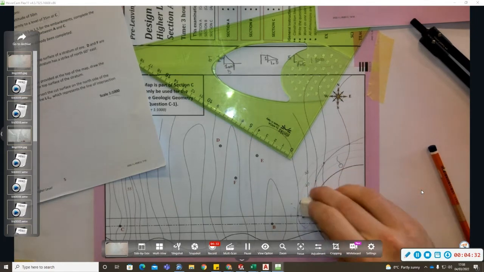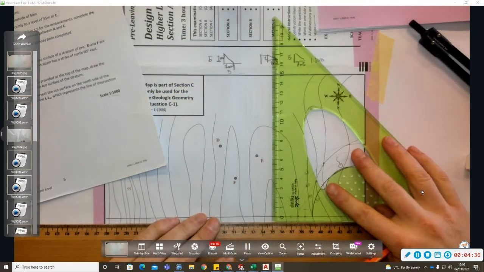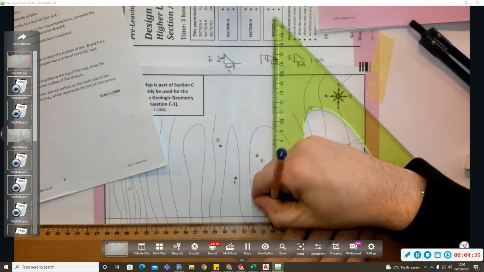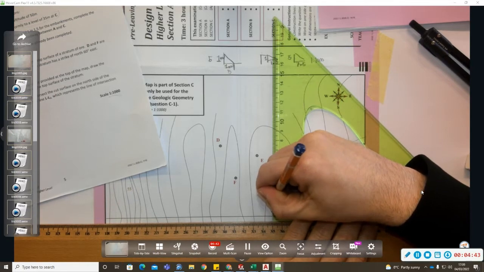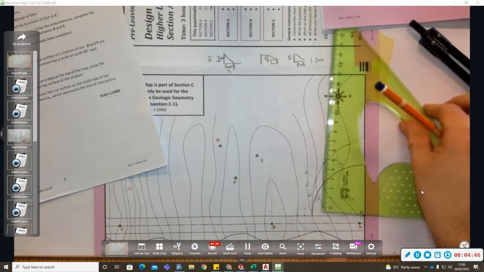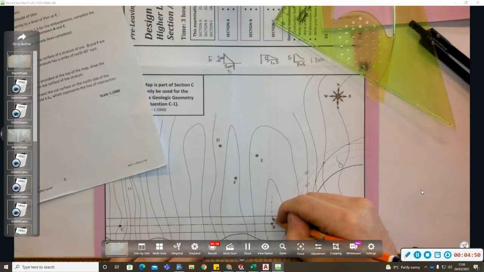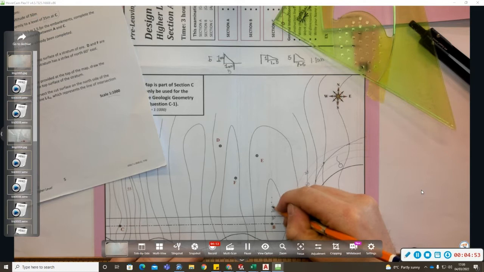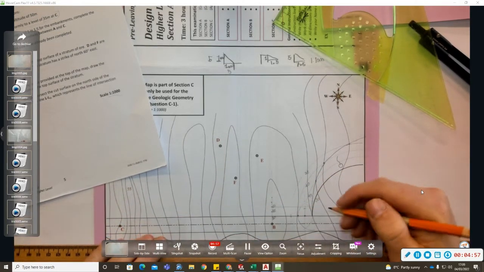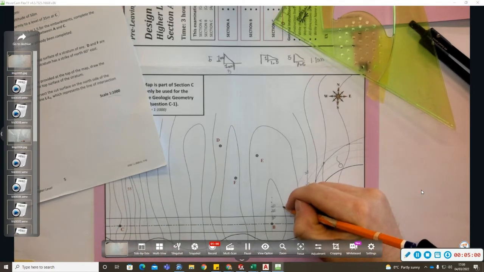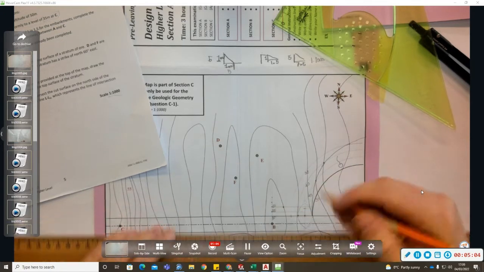Now this part will be a cut, and the slopes are 1 is to 1, so we're rising in 5s: 5, 10, 15, 20, probably won't need any more than that. So this is at 50, 55, 60, then a horizontal line from 60 until we hit the 60 contour, and the 55 contour.